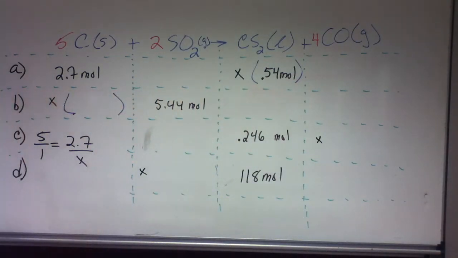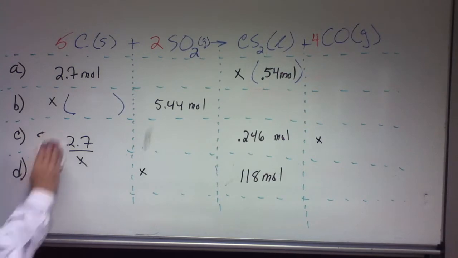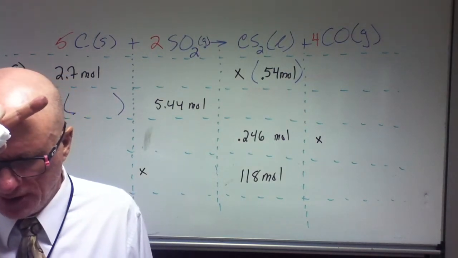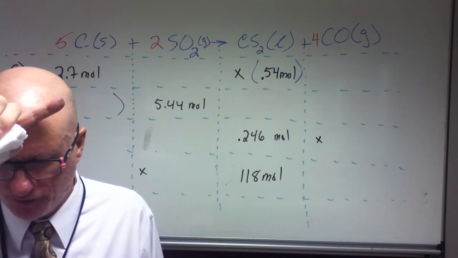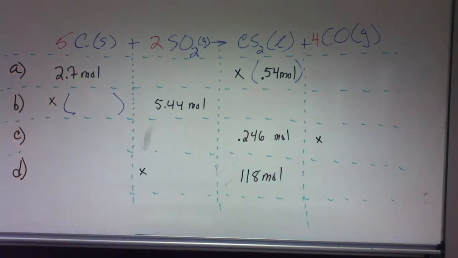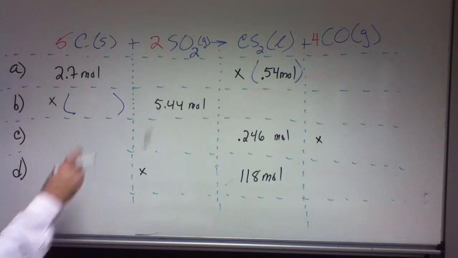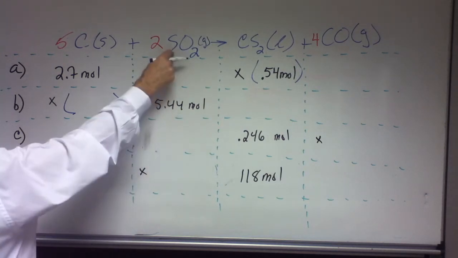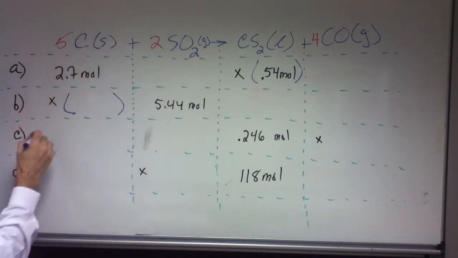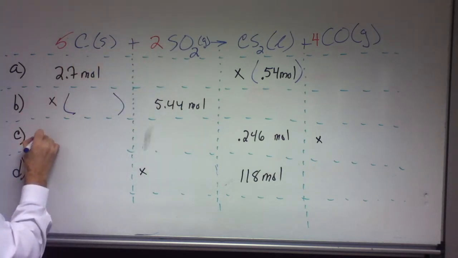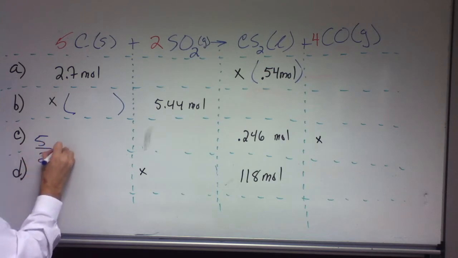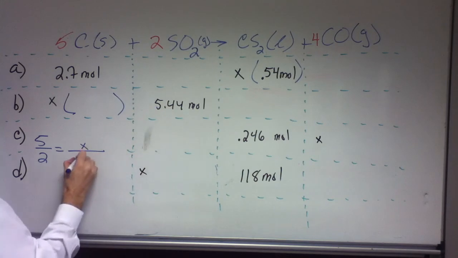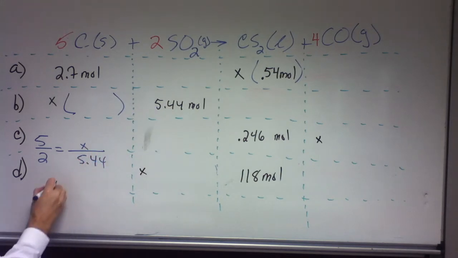The next one, let's erase this, says B. How many moles of carbon are needed to react with 5.44 moles of sulfur dioxide? How many moles of this react with 5.44 moles of sulfur dioxide? So it's 5 to 2. 5 to 2 equals x over 5.44.